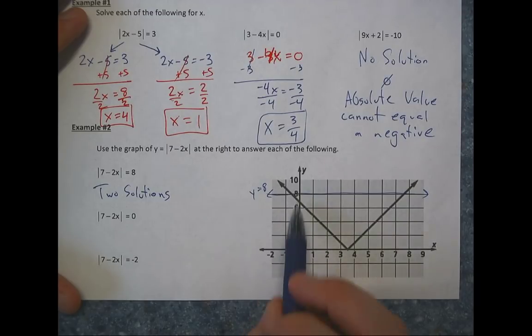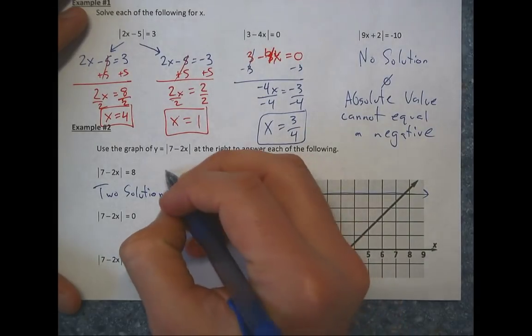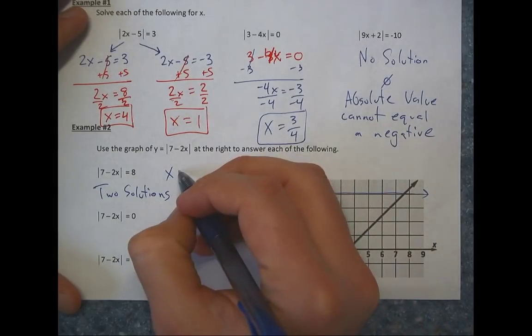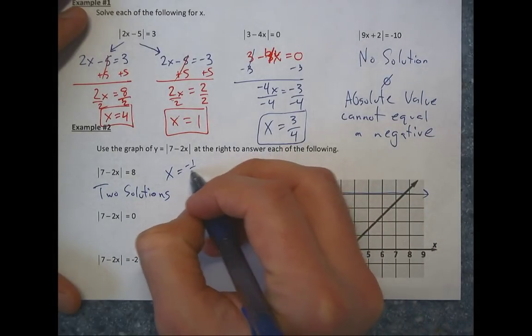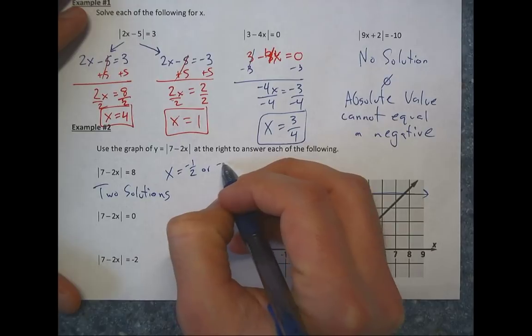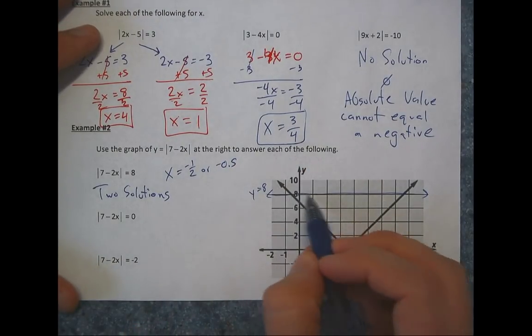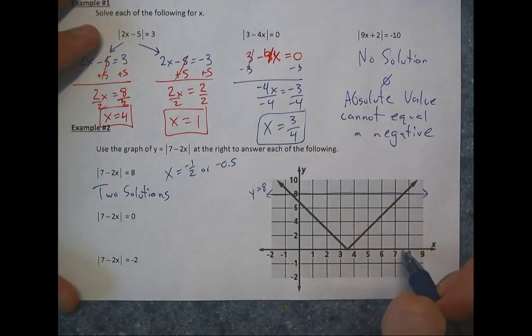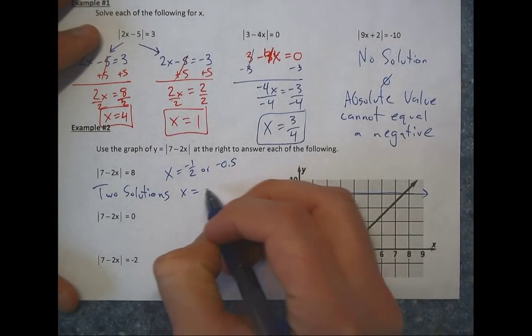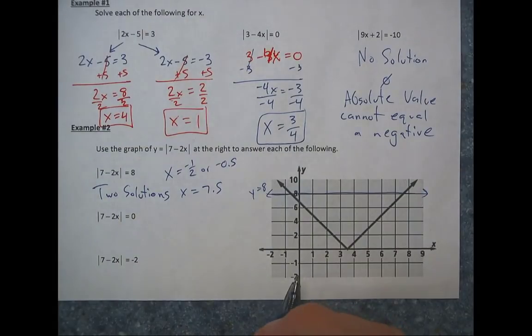It hits at x equals exactly negative 1/2, or negative 0.5, however you like to write that one. But then it also has another answer right here, and that would be x equals 7.5. So those are the 2 possible answers.